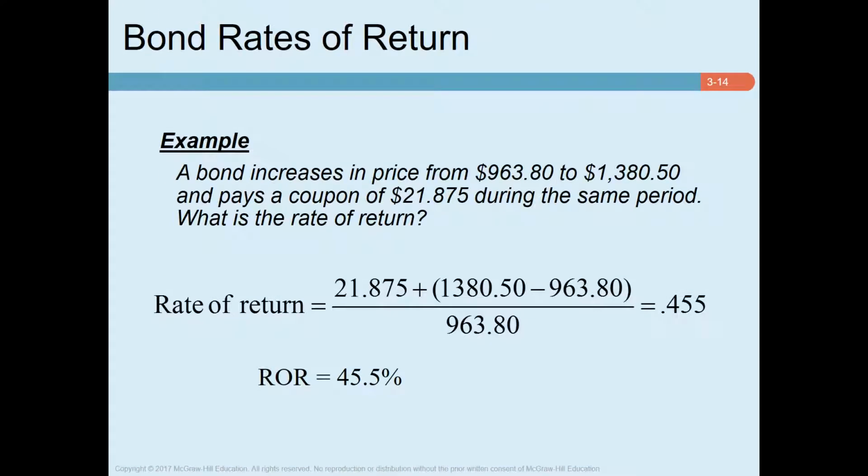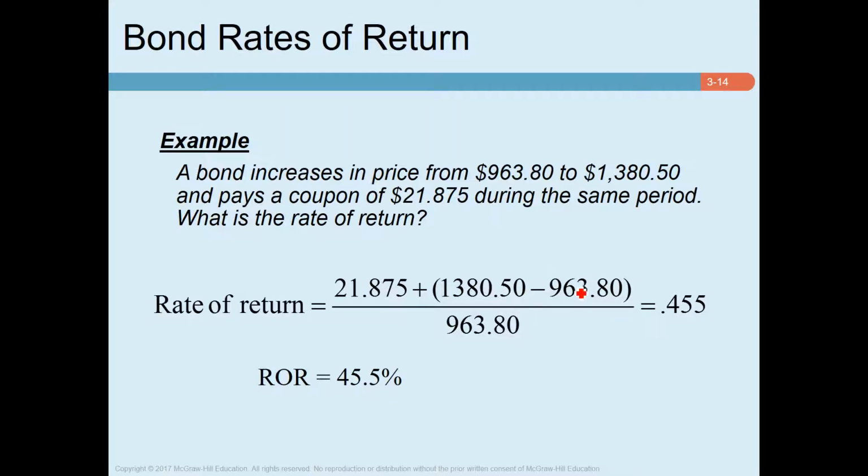Look at this example. A bond increases in price from 963.8 to 1,380.5 and pays a coupon of 21.875 during the same period. What is the rate of return? As we invest in this bond, we earn an interest of 21.875. That's our interest income. We also earn an income from the change in price.